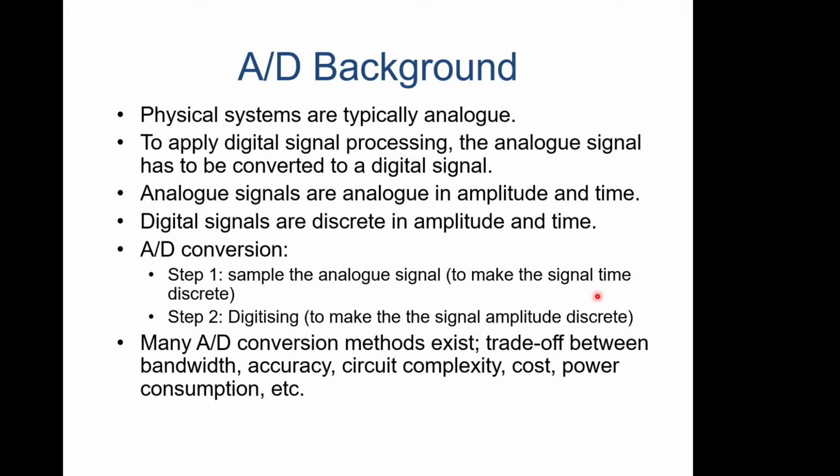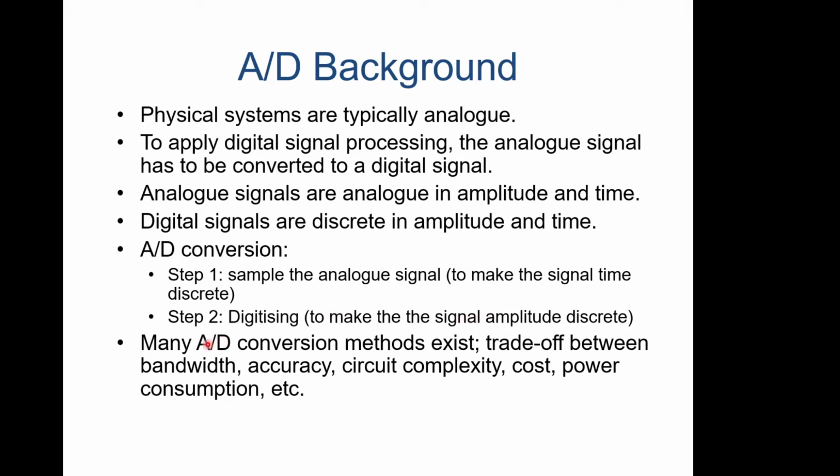So we grab a sample of it and hold it, and then a bit of time later we'll grab another sample of it and hold that, and then when we've grabbed it and held it, we would digitize it, and this will make the amplitude of the signal discrete. So we do time discrete, and then we do amplitude discrete, and discrete means there are defined steps. It's not continuous anymore, and this leads us to the ideas of resolution and size of bits and things like that, which we'll talk about.